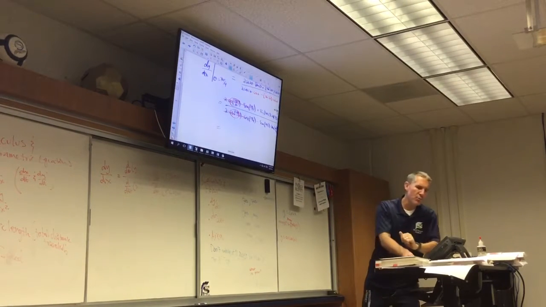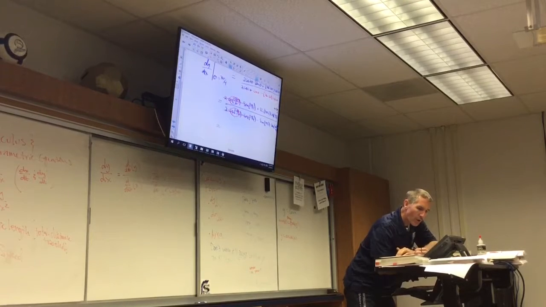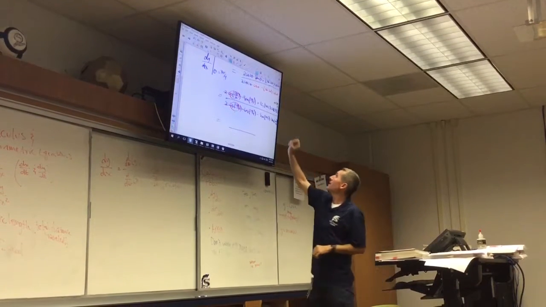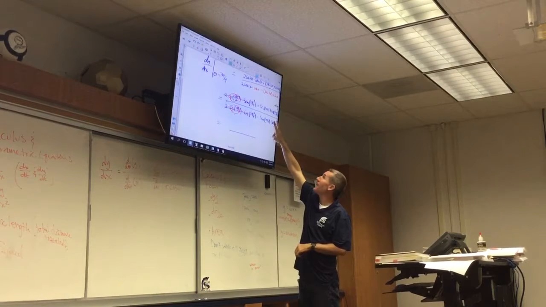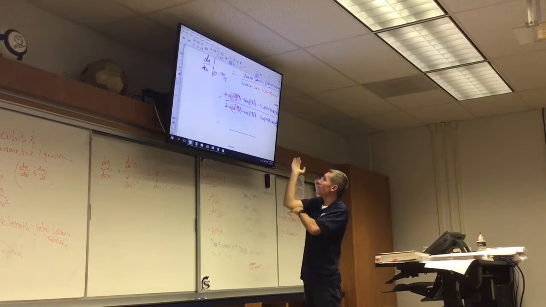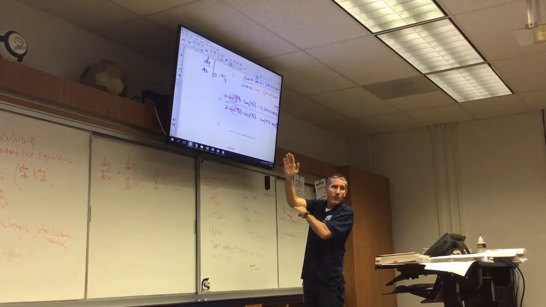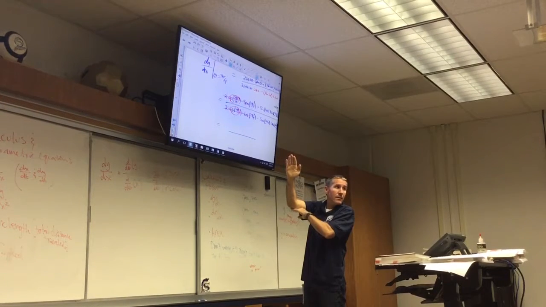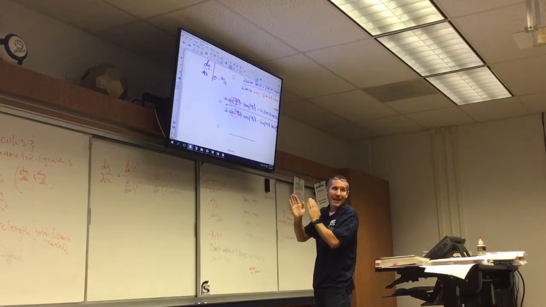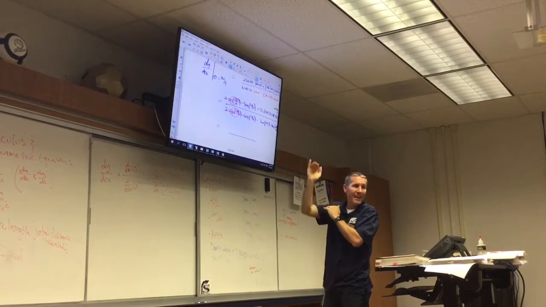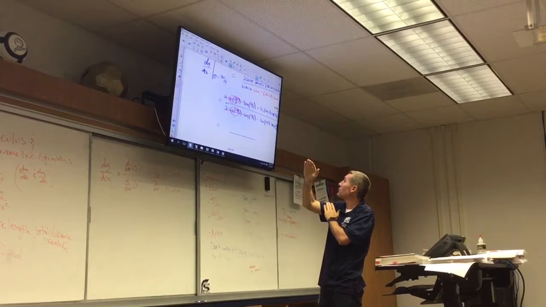So then in my numerator, all that I'm going to have is sine of 3 pi over 2, so what's that? Negative 1 times cosine of 3 pi over 4. 3 pi over 4 is located in the second quadrant, so it's going to have a negative x value and a negative y value, so it's going to be negative root 2 over 2.